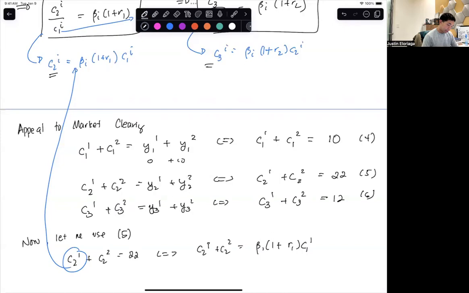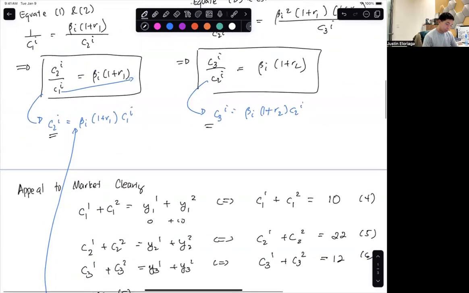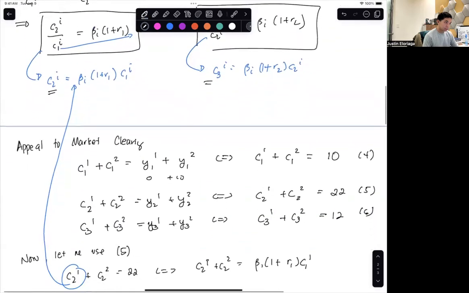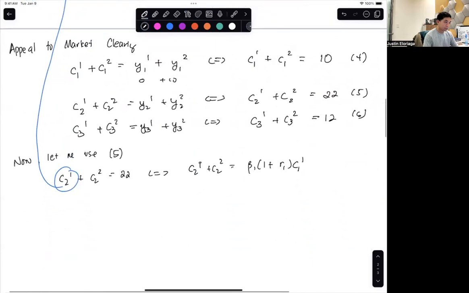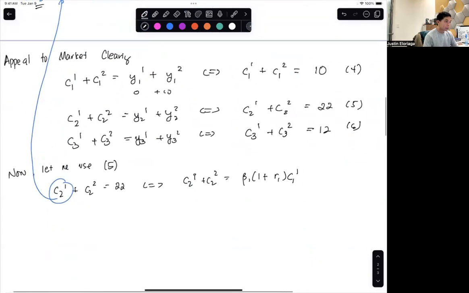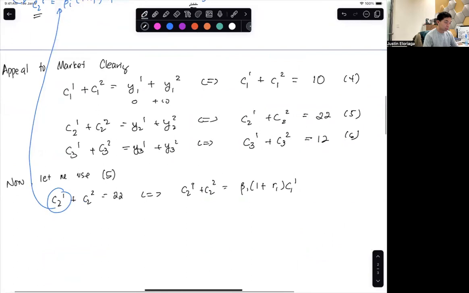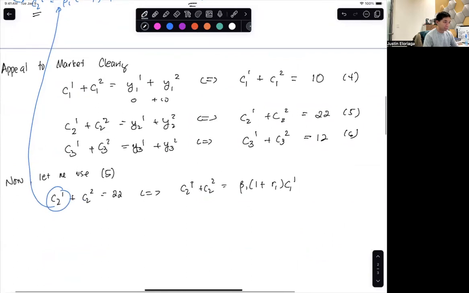And I know that C22 must take this formulation plus beta of the second agent times 1 plus R1, C, this one will be C12, instead, right?